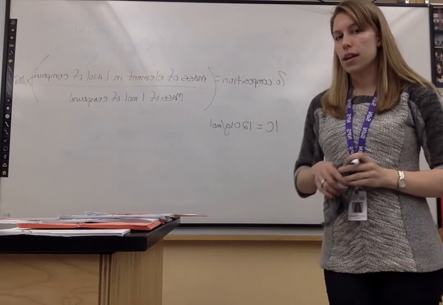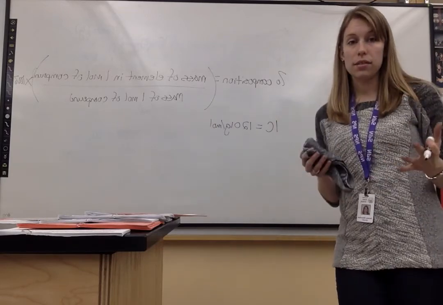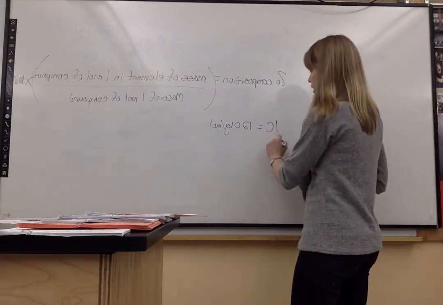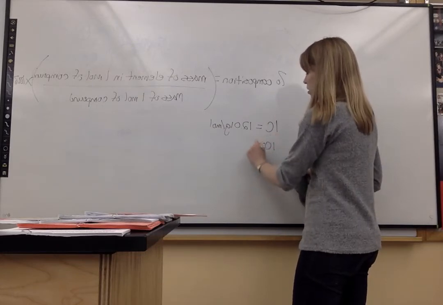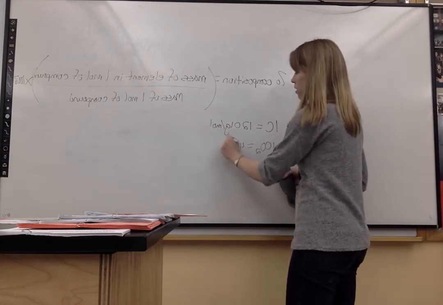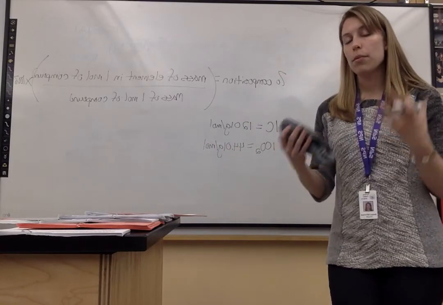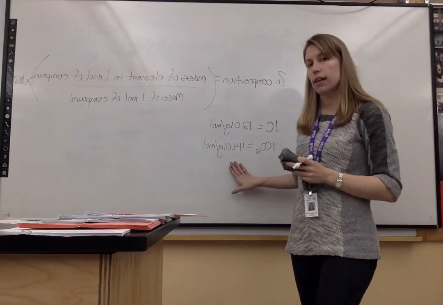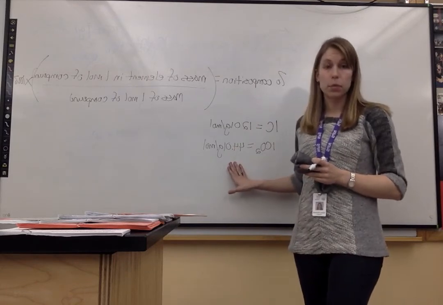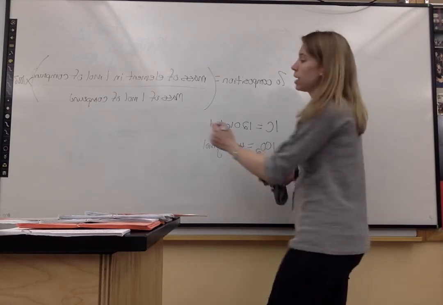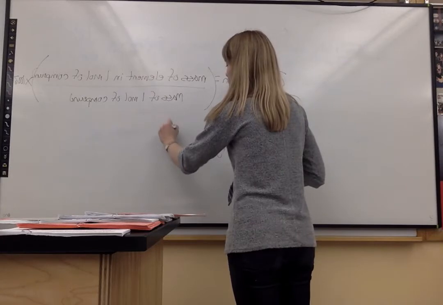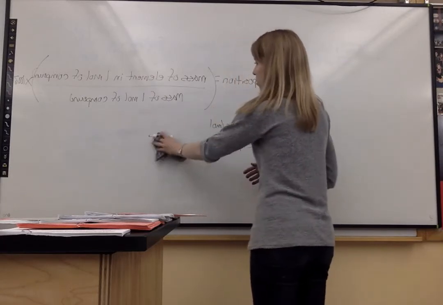What was the molar mass of CO2, the entire compound? It was 44.01 grams per mole, right? So I'm looking for how much of this 44.01 grams comes from carbon. What percentage comes from carbon? So to find that, let me set this up a little better.